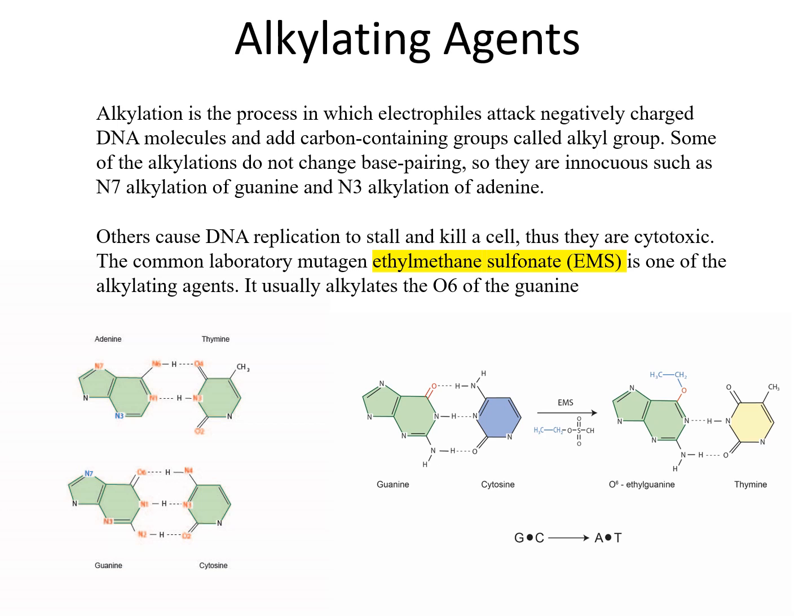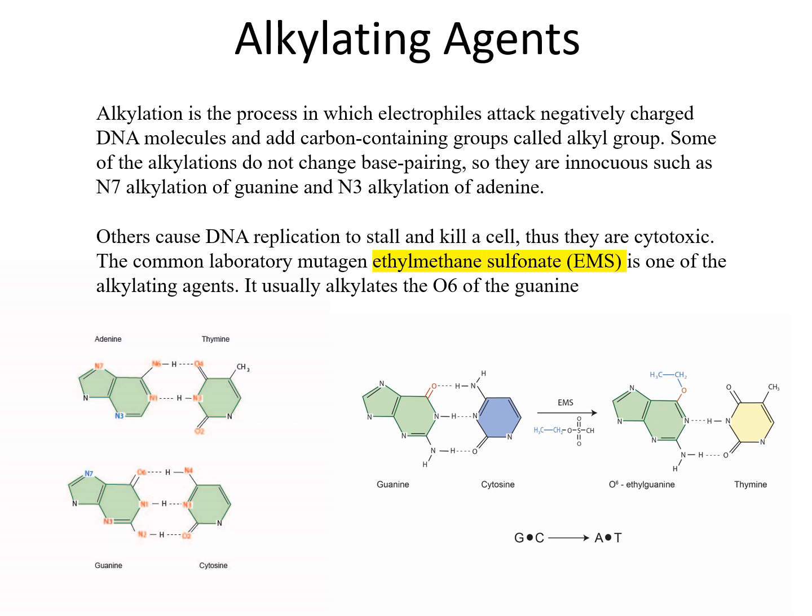You have the GC pair, guanine and cytosine, and then we bring in the methyl group here, and this is called O6-methylguanine, and then it no longer base pairs with cytosine. Instead, it base pairs with thymine, so that will change from GC to AT.